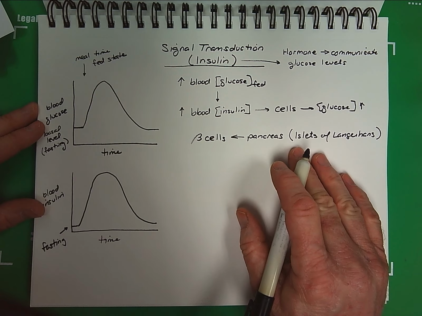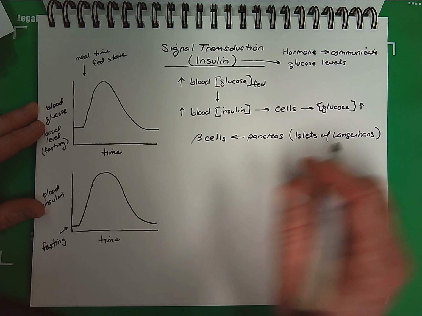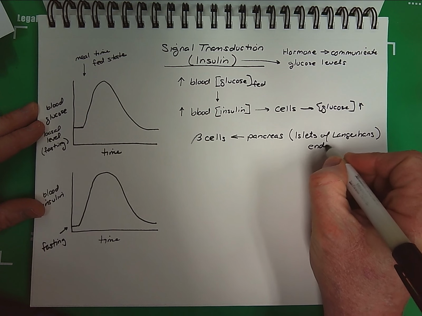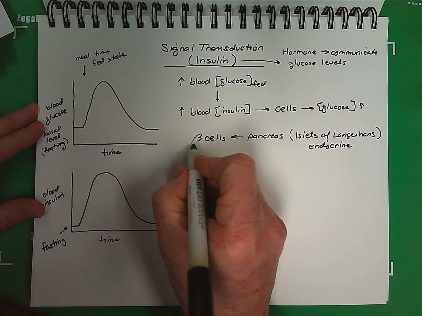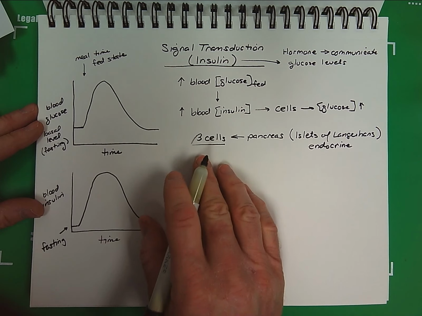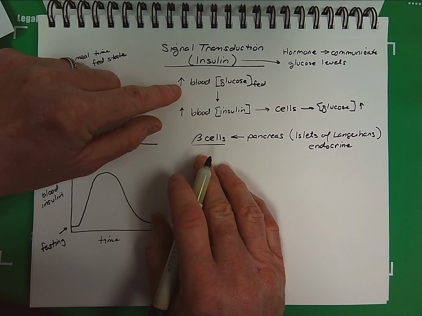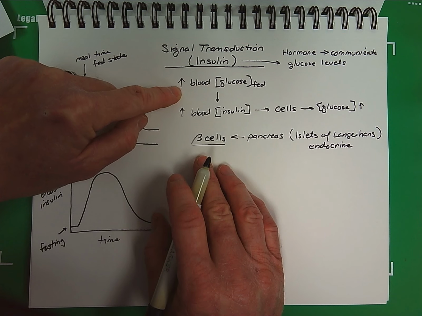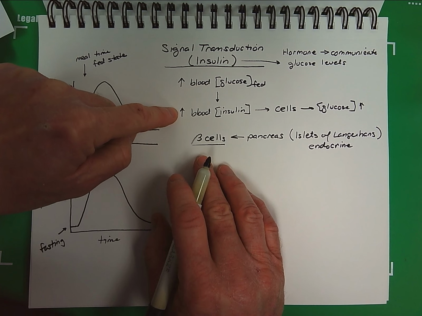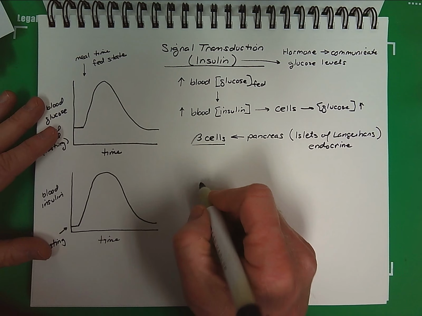These are small little islets located in the large pancreas structure, and these constitute what is called the endocrine function of the pancreas. So the beta cells now are responsible for taking information on high blood glucose levels and transducing this information into high insulin levels.